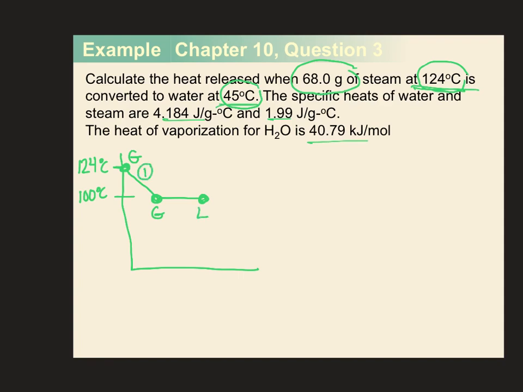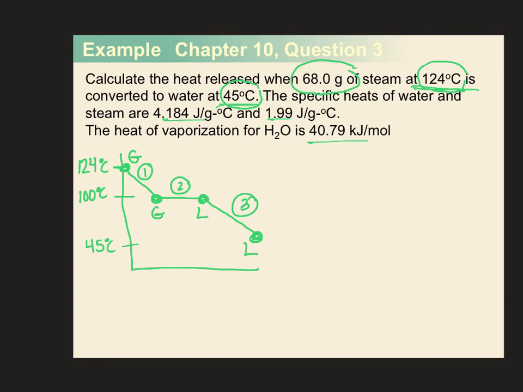So this was step 1, cool it off. Step 2, change it from a gas to a liquid. And then it says it doesn't want liquid at 100 degrees. I want liquid at 45 degrees Celsius. So I'm going to cool it off one more step, step 3, right there. Now, calculations are going to be the same. Anytime you have a change in temperature, you're going to use this guy.